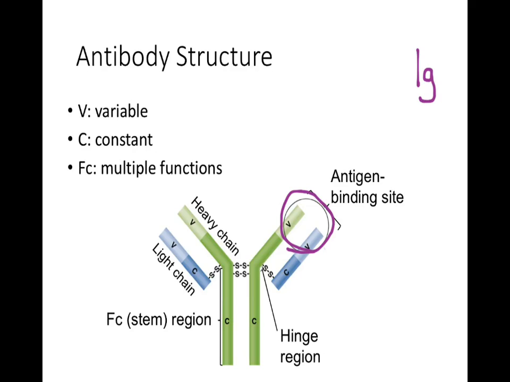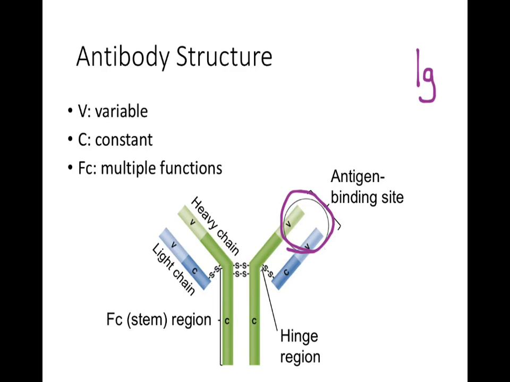But those that do produce a functional antibody will have unique variable regions, but they'll all have the same conserved or constant region. And so the variable region allows for antibodies to recognize specific epitopes.